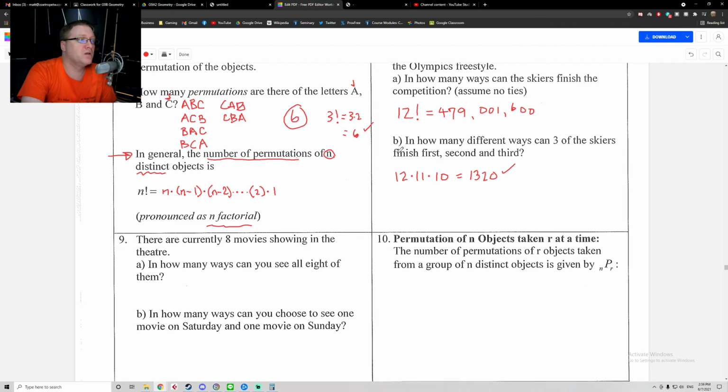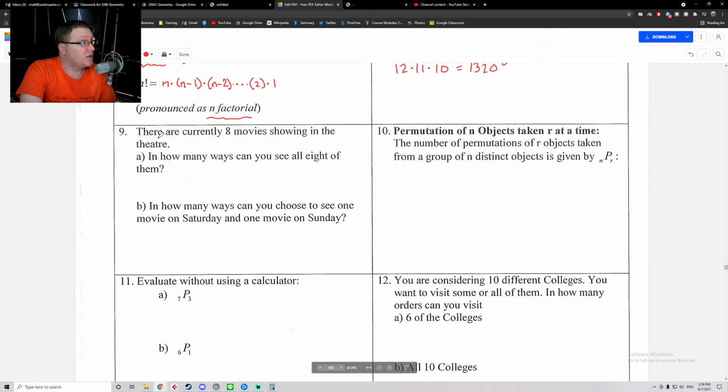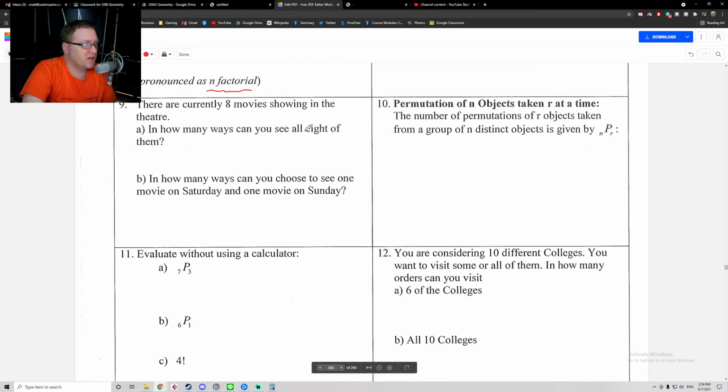Okay? All right. Next, again, here we have 8. Oh, actually, I'm going to keep this because I need to keep using the calculator. We have 8 movies that are showing in the theater. Okay? And we want to find out how many different ways can we see all 8 movies.